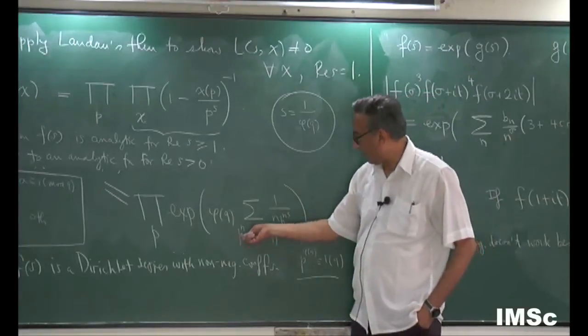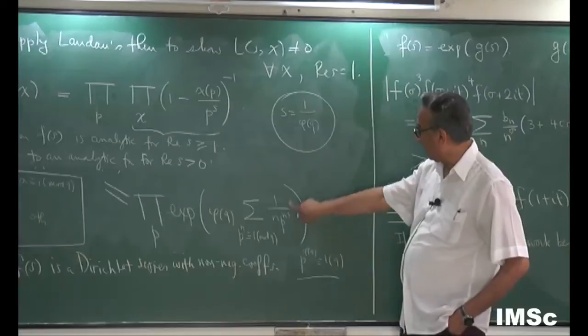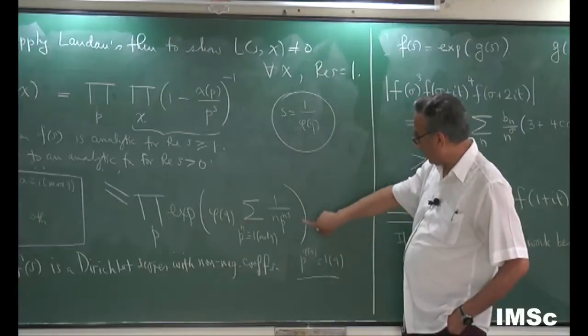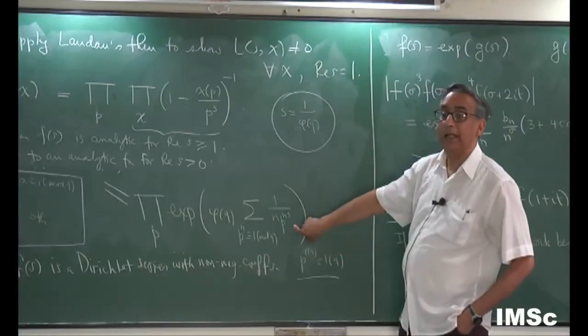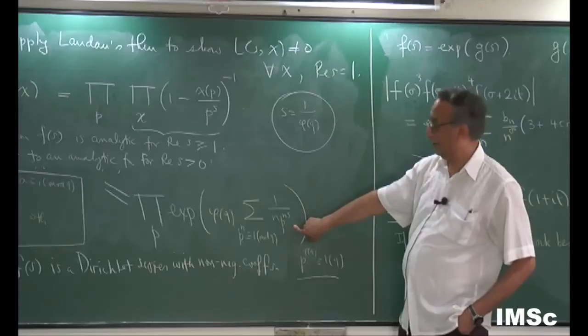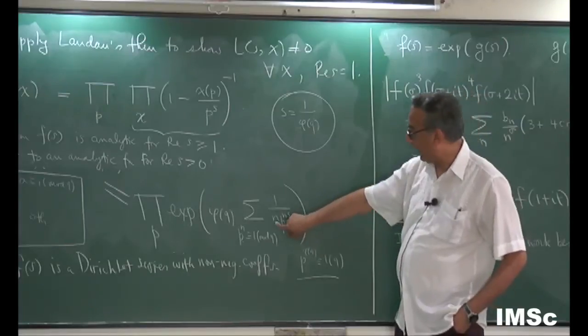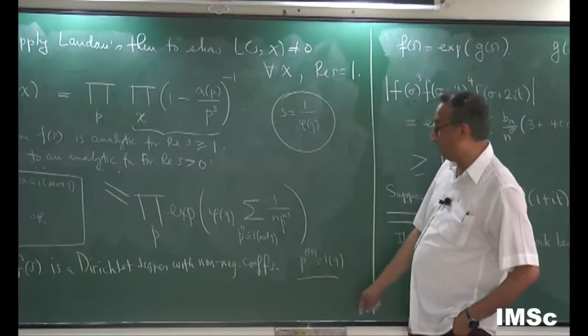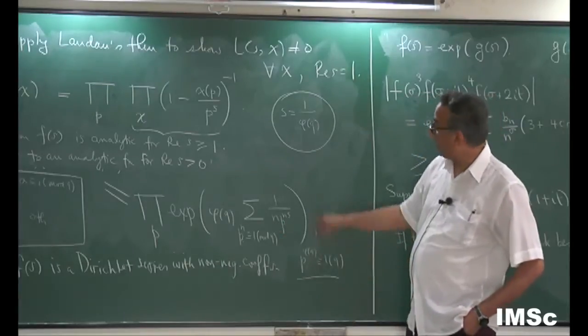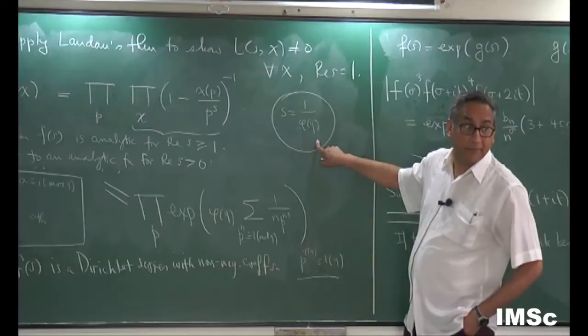So now what happens when I plug in s equals 1 over phi of q is that I'm going to get a 1 over p as a contribution.